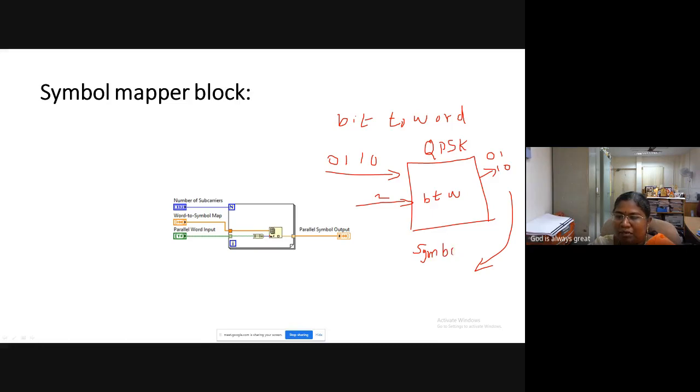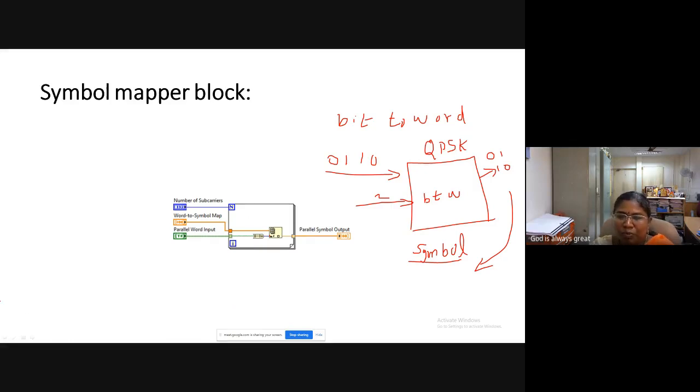Symbols are nothing but complex signals. Once you convert bit to word, next you need to map it to symbols. Symbols are nothing but complex signals which are the allowed constellation points for the data transmission.